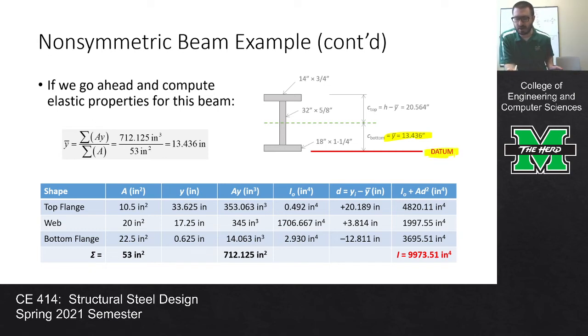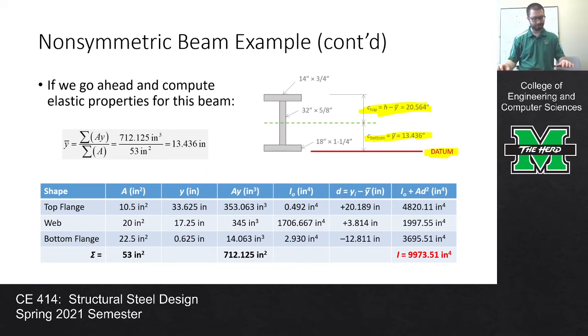Remember, we expressed all our distances from that bottom surface. So when we computed Y bar, it was measured from that. So my extreme fiber distance from the bottom is just Y bar. For the top, however, it's not Y bar, it's the height minus Y bar, okay? So we take the total height of the section and we subtract Y bar so that we can get that c for the top.